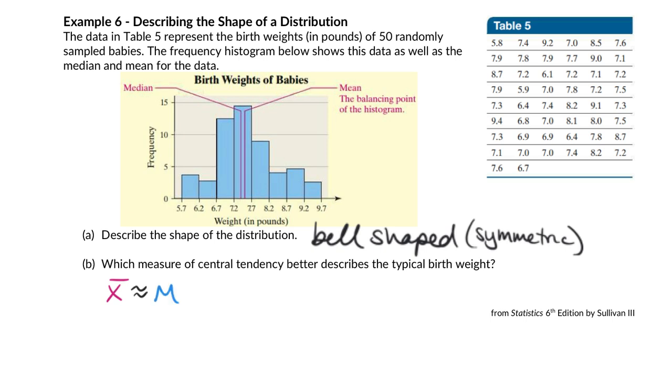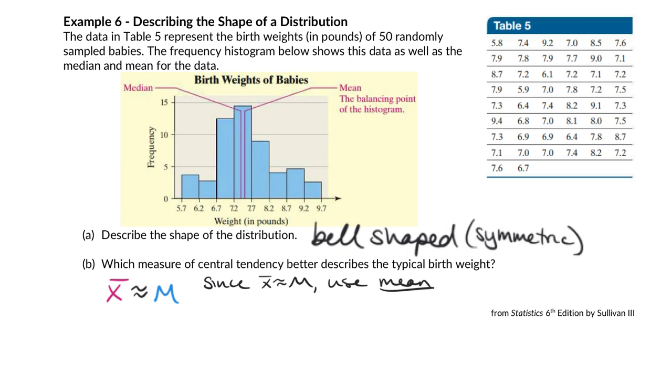That's what we know from something being bell-shaped. And since X bar is approximately equal to the median, we're going to use the mean. Now, why would we want to use the mean?